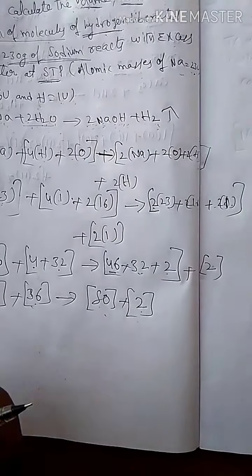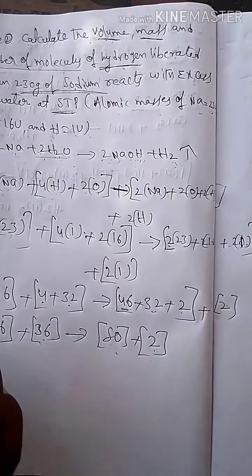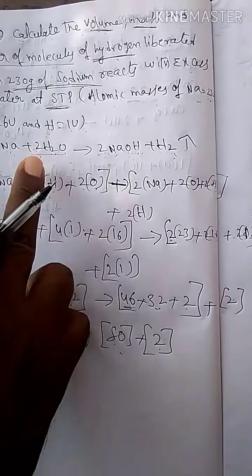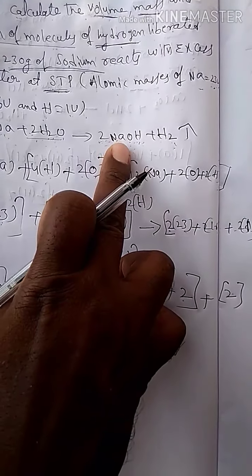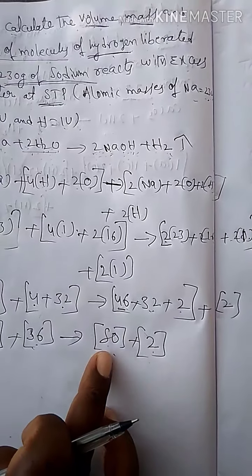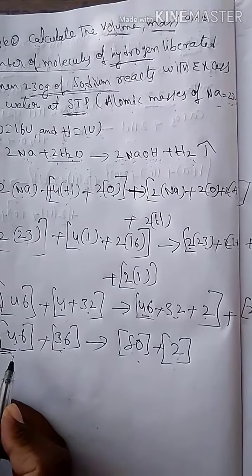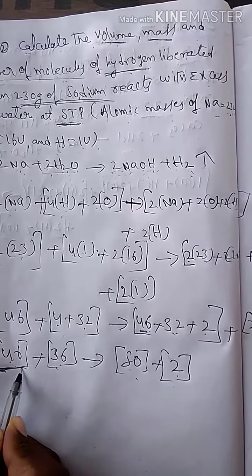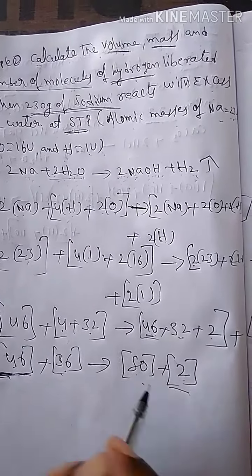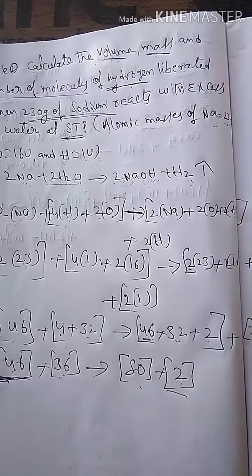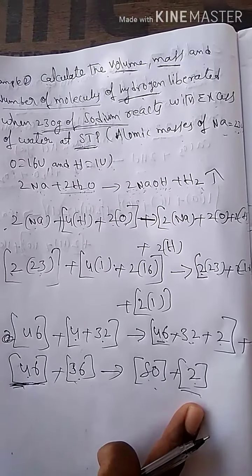Just take the sodium value and the hydrogen value. First one is the sodium. This is the water molecule. This is sodium hydroxide, NaOH, its mass. This is H2, the hydrogen mass. Just consider only sodium and H2, because we are asked for the volume, mass and number of molecules of the hydrogen.